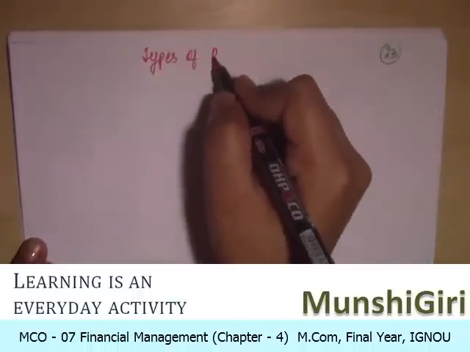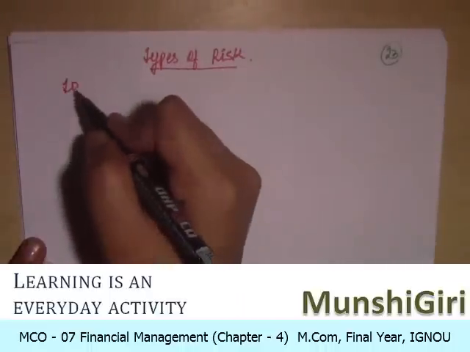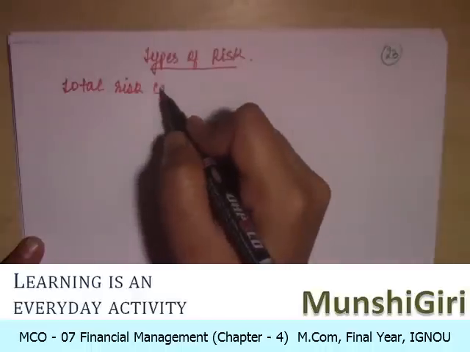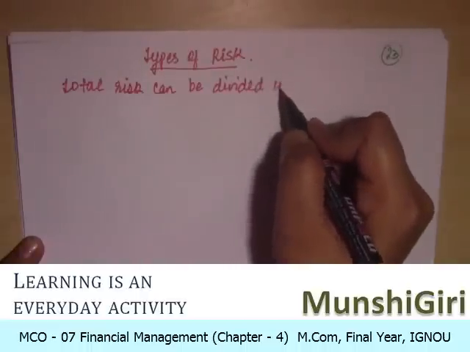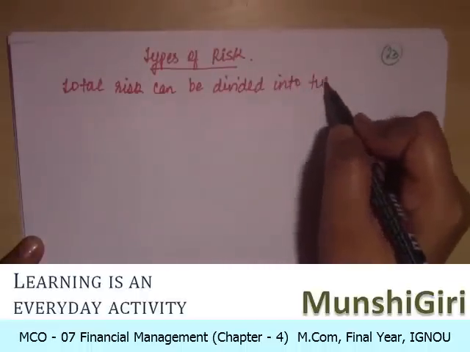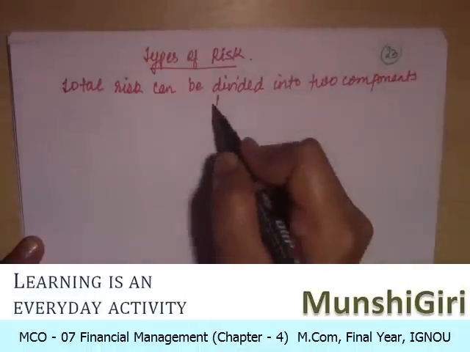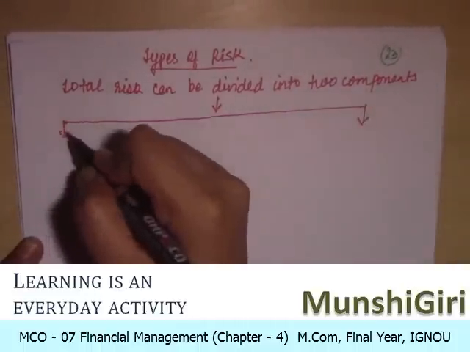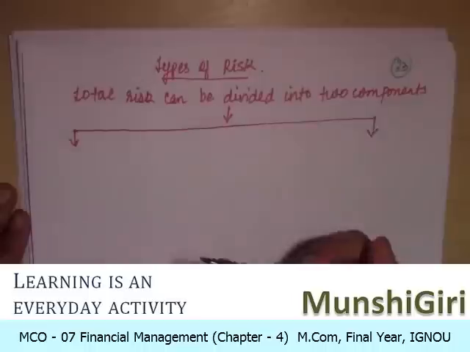Total risk can be divided into two components, systematic risk and unsystematic risk.